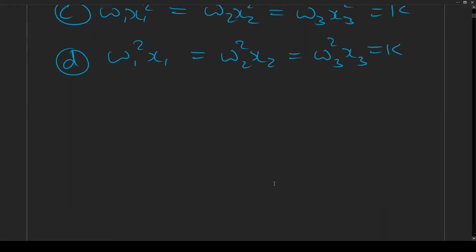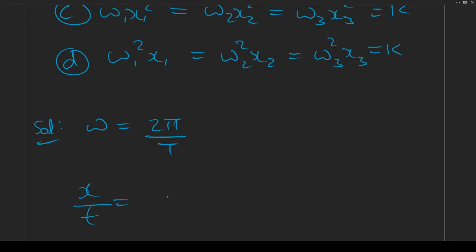How so? Because in 1 minute, omega is equal to 2 pi by t. We know that omega we can write as x or theta. Here, since they took x, we'll write it as x by t, which is equal to 2 pi by t.